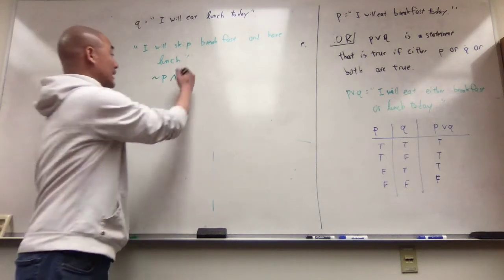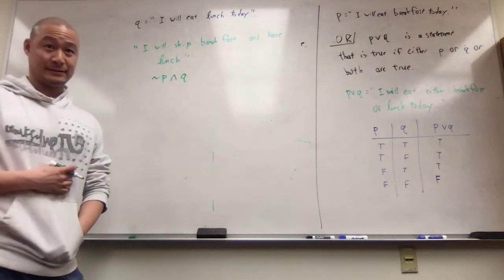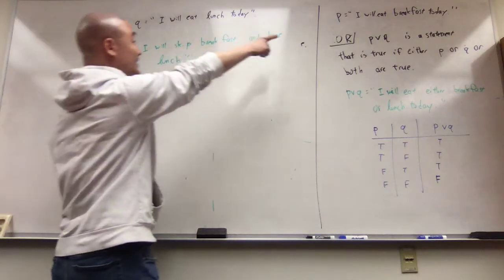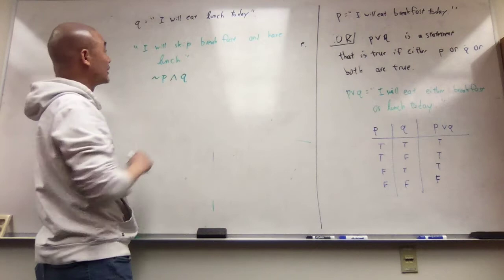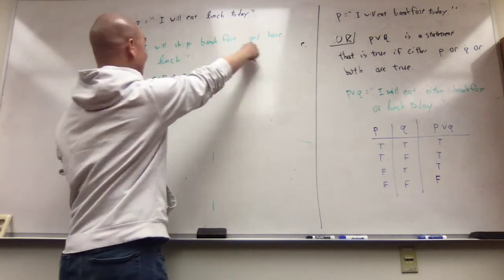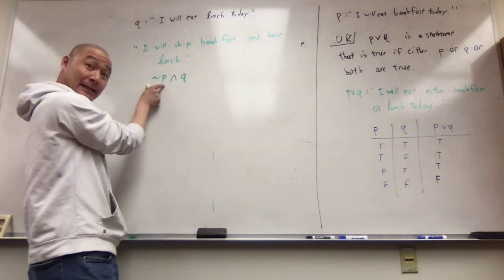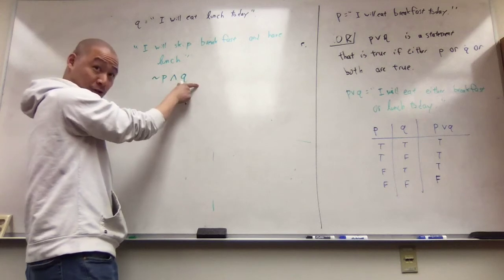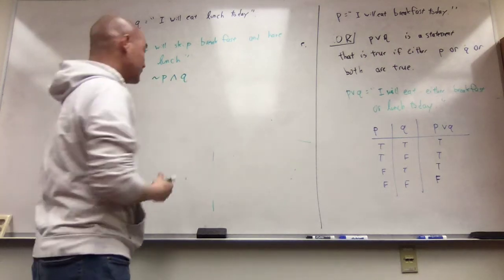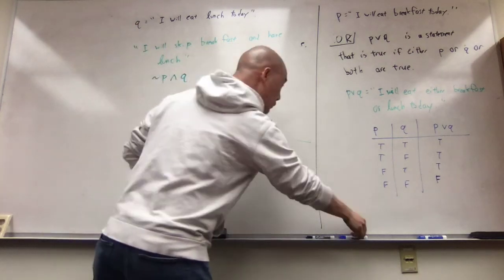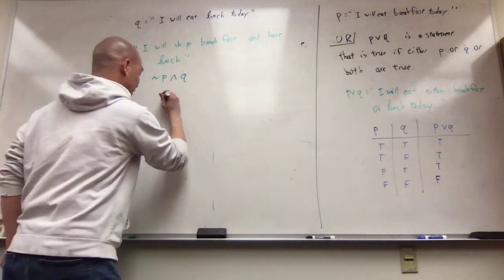It does seem like just Q is fine. So if P is having breakfast and Q is having lunch, then not having breakfast and having lunch is not P and Q. So let's see when this thing is true or false.